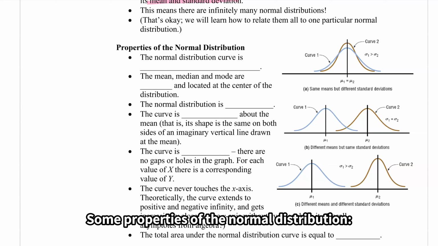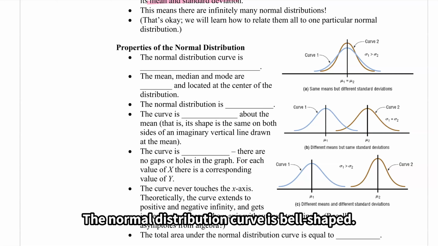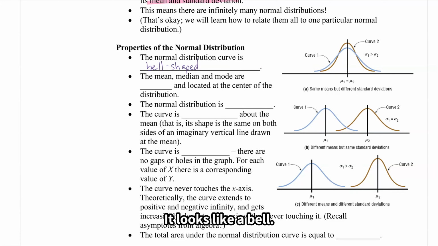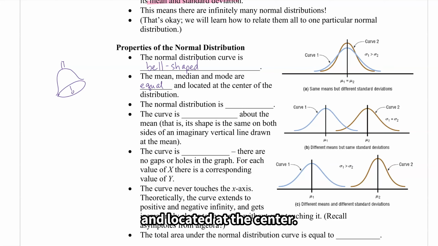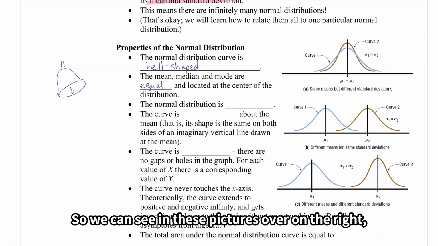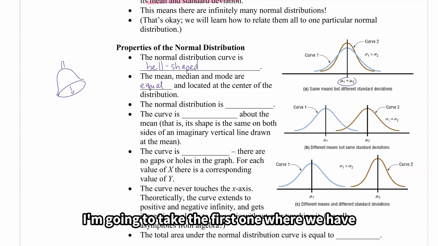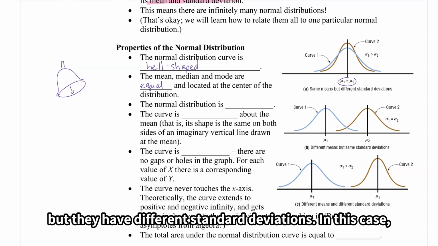Some properties of the normal distribution. The normal distribution curve is bell-shaped, so it looks like a bell. The mean, the median, and the mode are all equal and located at the center. So we can see in these pictures over on the right, I'm going to take the first one where we have two distributions and the means are equal, but they have different standard deviations.